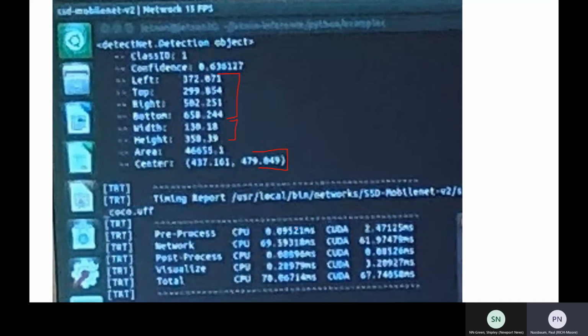And then also timing in terms of how many milliseconds are being used for each part of that artificial intelligence: pre-processing the image, getting that off of the network between the CPU, post-processing the image, creating the visualization that appears on the screen. So basically, it's taking about 78 milliseconds of CPU time, that quad core you saw, and then about 67 milliseconds of CUDA time. Basically, those multiple GPUs, those 128 GPUs I mentioned earlier.